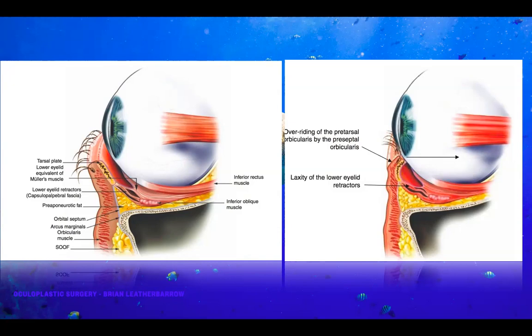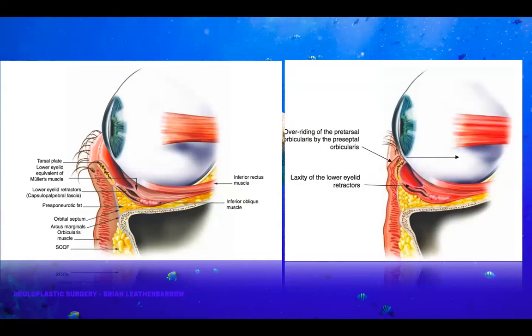And also you can get overriding of the preseptal orbicularis oculi over the pretarsal. These pictures are taken from Brian Leatherbarrow's excellent text in oculoplastic surgery, called Oculoplastic Surgery.